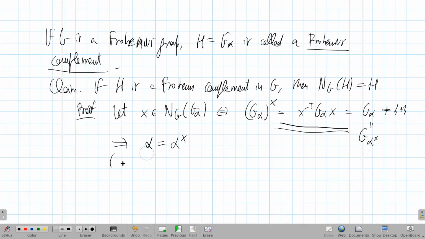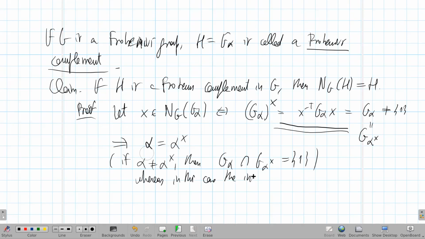Let's recall why, because if alpha is different from alpha x, then G alpha intersect G alpha x, this is one of the conditions we had, has to be trivial. Whereas in this case, the intersection is G alpha, which is different from one, okay? So what have we obtained? We have obtained alpha equals alpha x, but this means exactly that x is in G alpha.